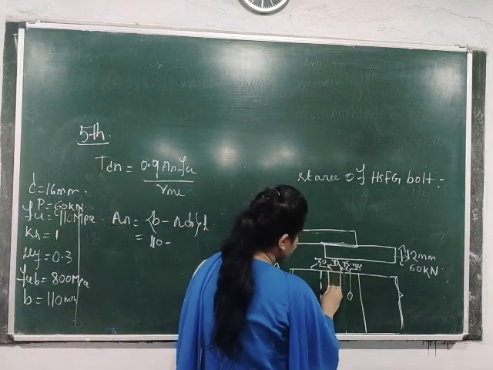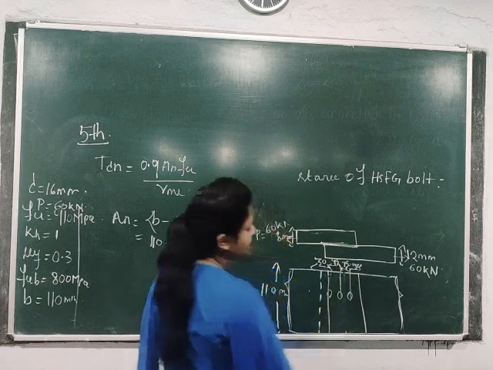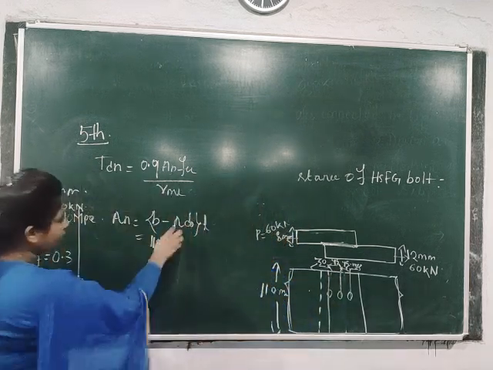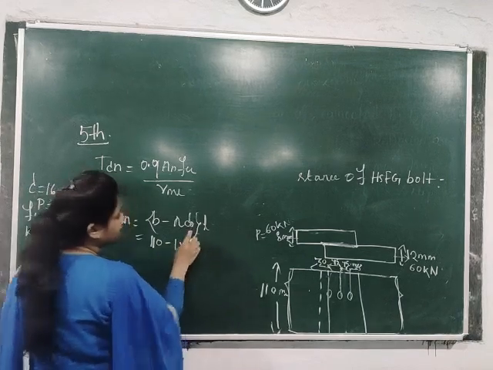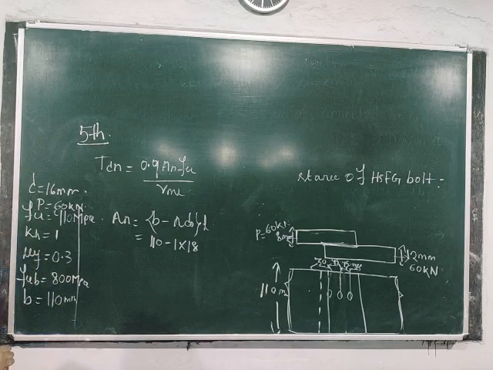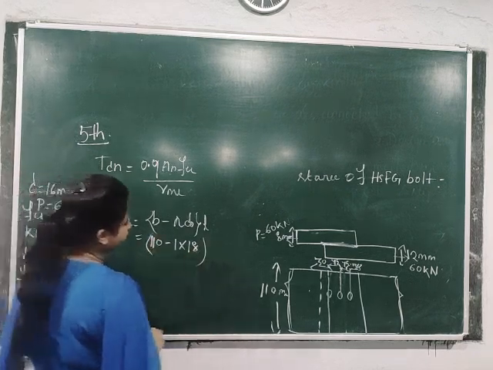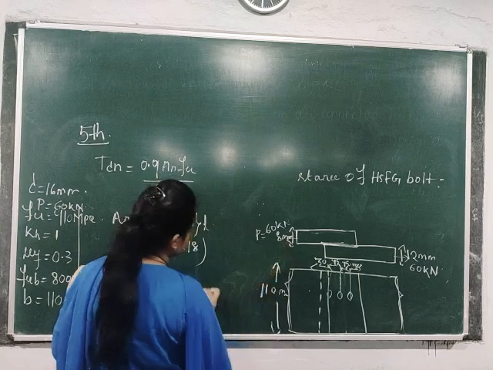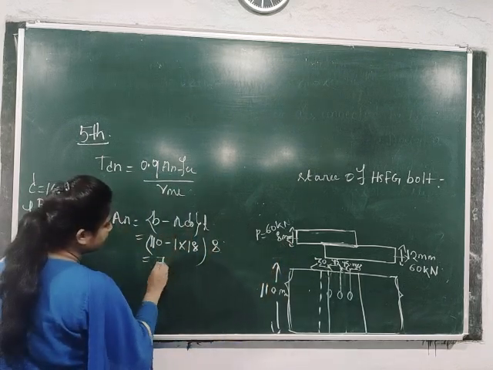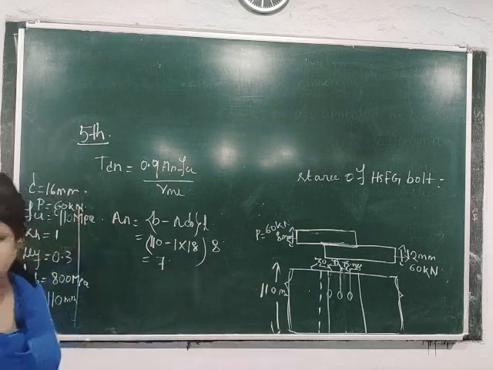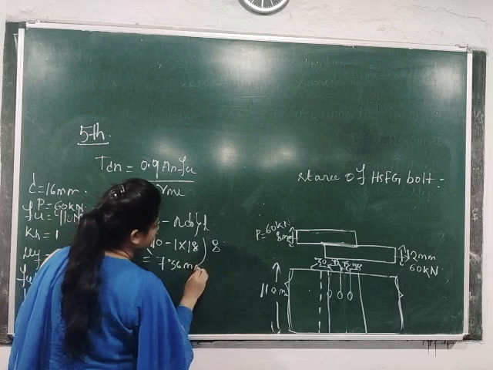In this bolt line only one bolt is present, so take N as 1. D naught is the bolt hole diameter, that is 18 mm. Then take the minimum thickness of the thinner plate, that is 8 mm. So this value comes around 736 mm square.